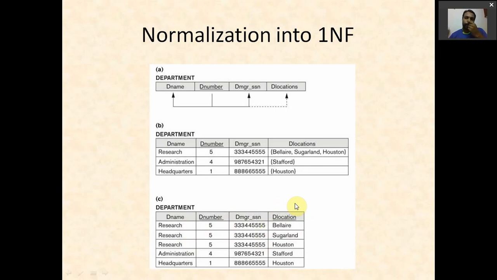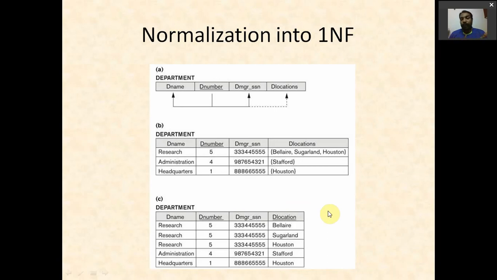So one way to remove this multi-valued attribute is, if we know the department will be located at a maximum of 3 places, then we can include 3 different attributes: D location 1, D location 2, and D location 3. But the problem with that definition is the table may contain null values.